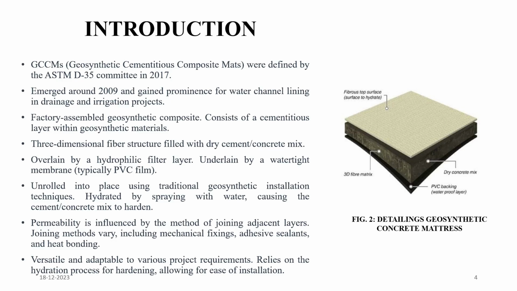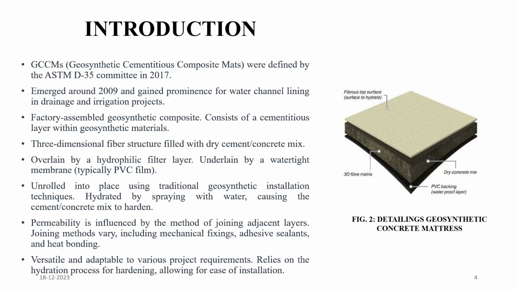Factory assembled geosynthetic composites consist of a cementitious layer within geosynthetic materials: a three-dimensional fiber structure filled with dry cement and concrete mix, overlain by a hydrophilic filter layer, underlain by a watertight membrane, typically PVC film.